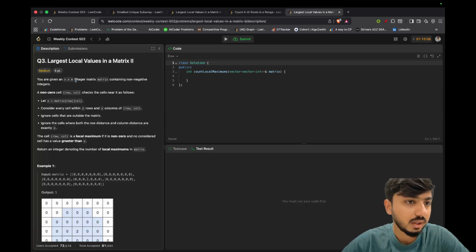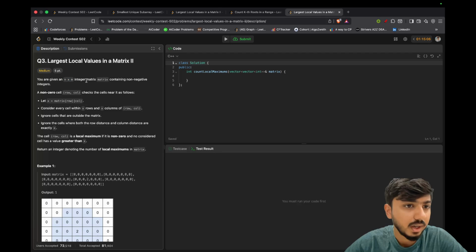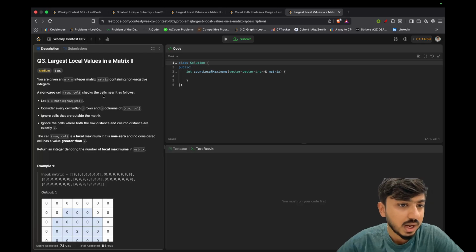You are given an n cross m integer matrix containing non-negative integers. For a non-zero cell, check the cells near it as follows. Let x be this value. Consider every cell within x rows and x columns of this cell. Ignore cells that are outside the matrix.